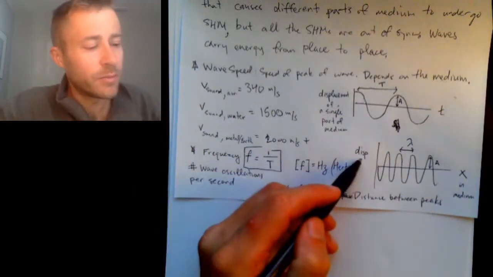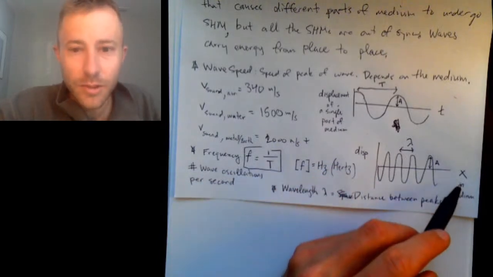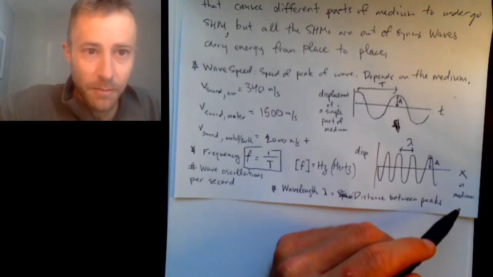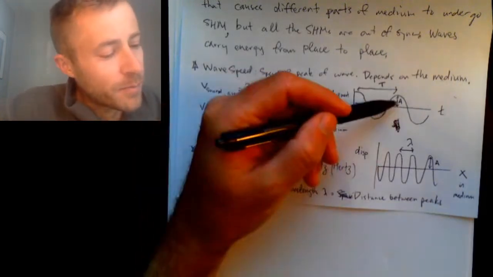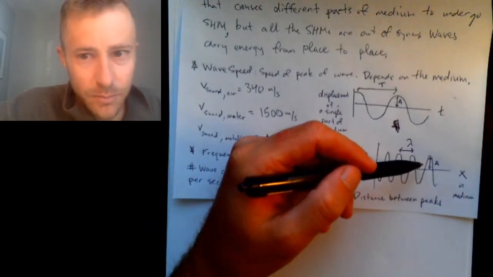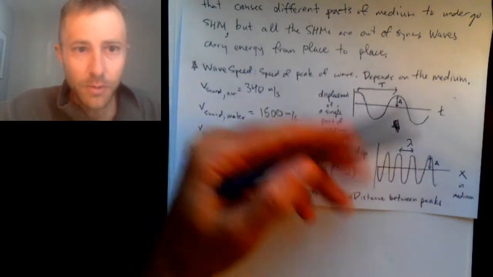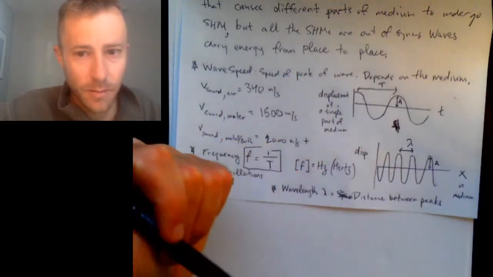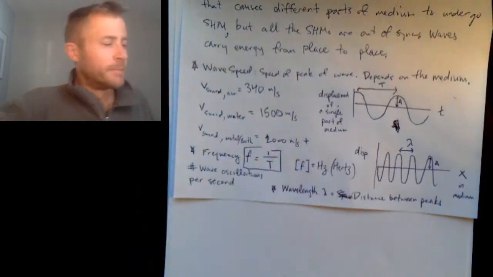If it's displacement versus position, you can only get the wavelength from that graph. From either of the two graphs, you can get the amplitude, because the amplitude is just the maximum displacement. So, let me write that down.